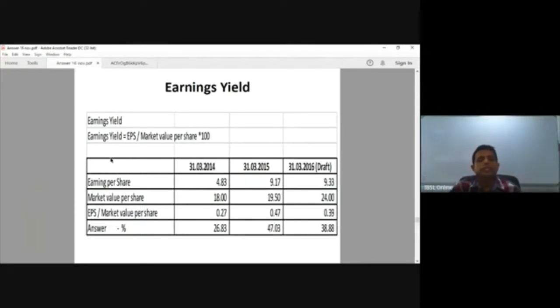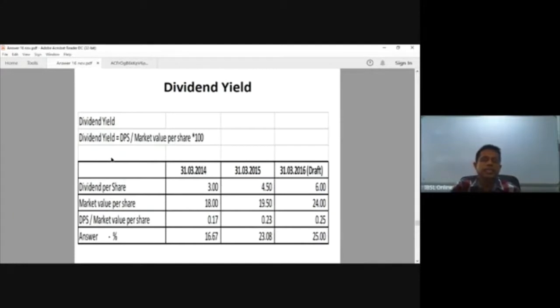Right. Next ratio is dividend yield. Similarly, dividend per share divided by market value per share. Dividend per share you have already calculated: 3 rupees, 4.5 rupees, and 6 rupees. Market value per share you have to take from the notes. In the previous ratio also we took it into account: 18 rupees, 19.5, 24 rupees.